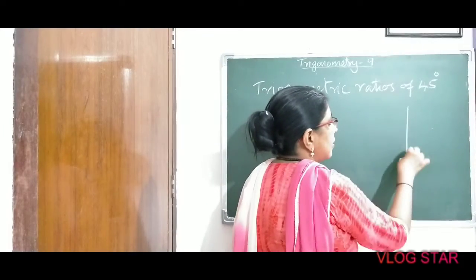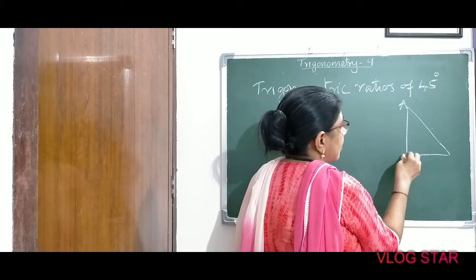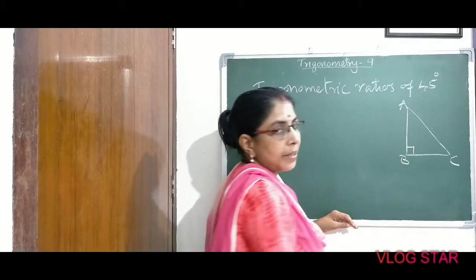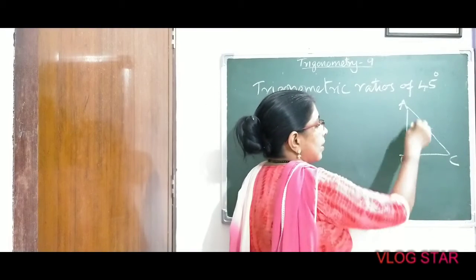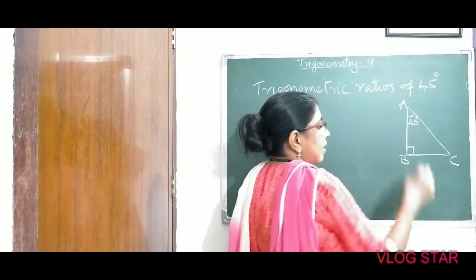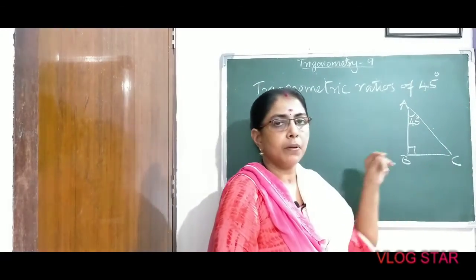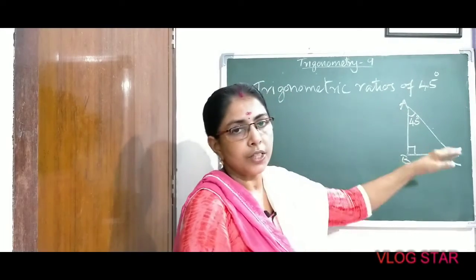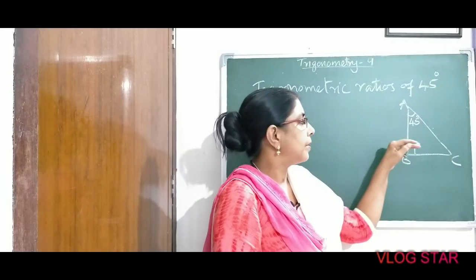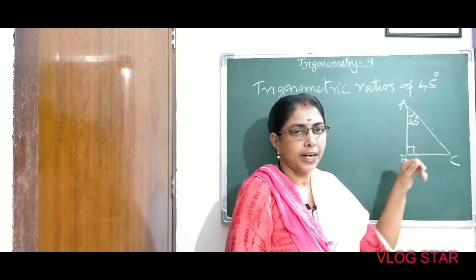Draw a right triangle ABC, right angle at B, that means it is 90 degree. Let angle A be 45. If angle A is 45 degree, then angle C must be 45. Why? Because by the angle sum property, the total angle in a triangle is 180.